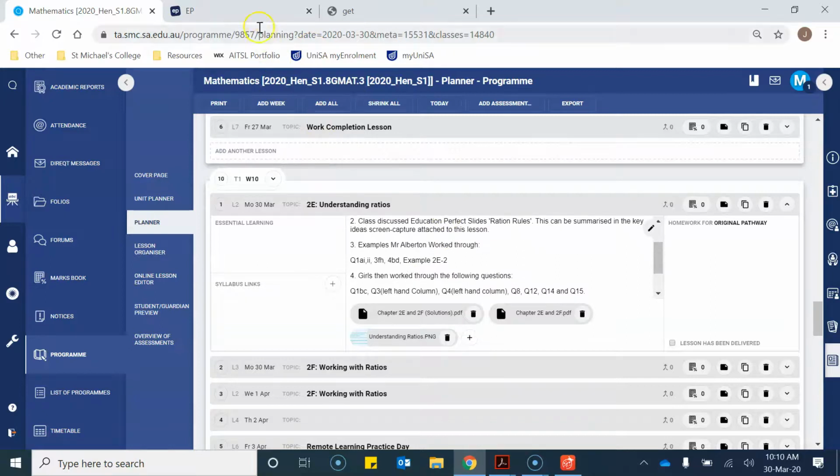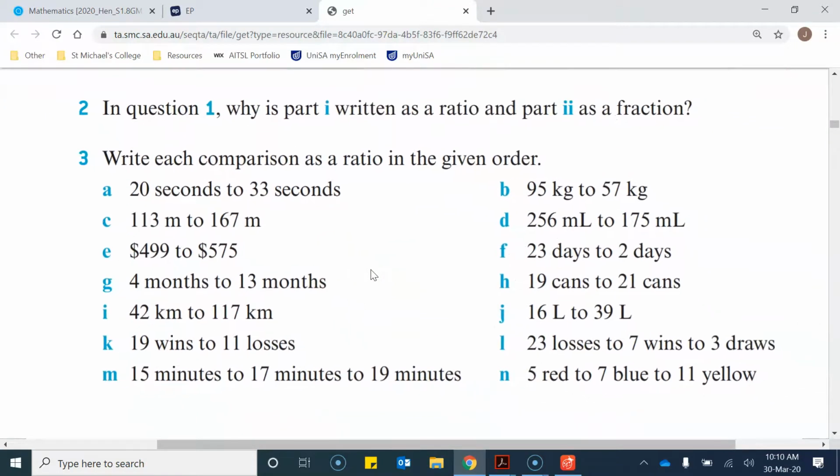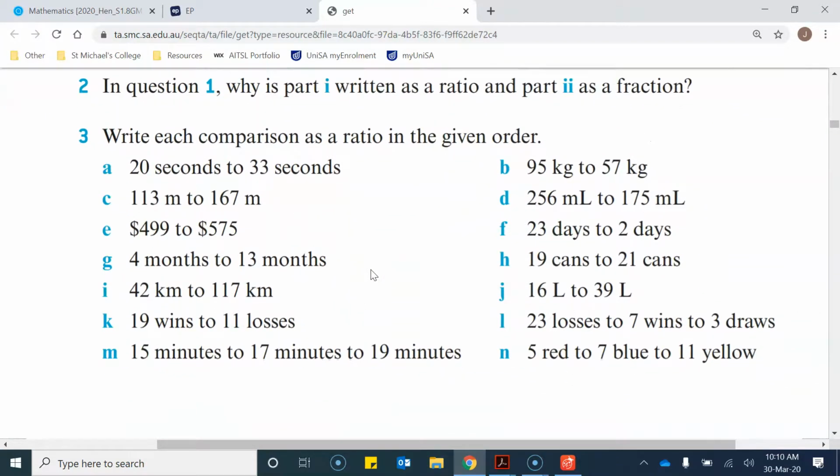Alright, so if we were to write some of these as a ratio, so if I was to write 95 kilograms to 57 kilograms, I think we're getting the hang of this.